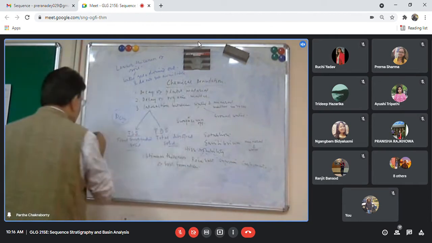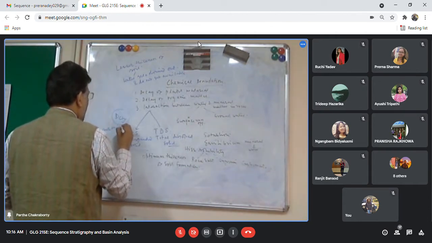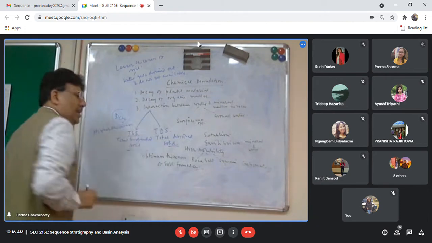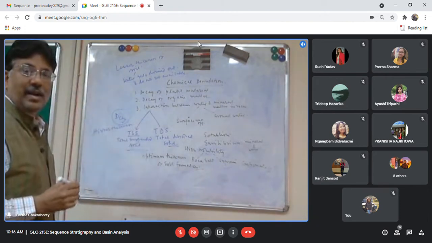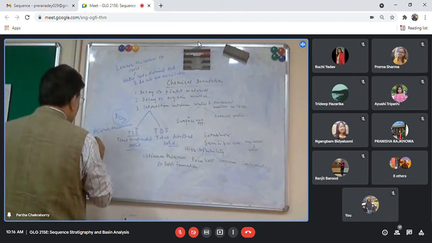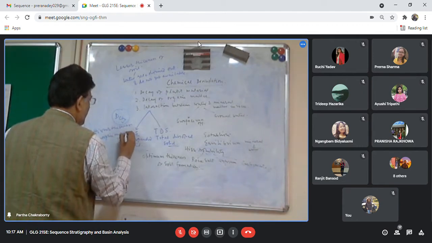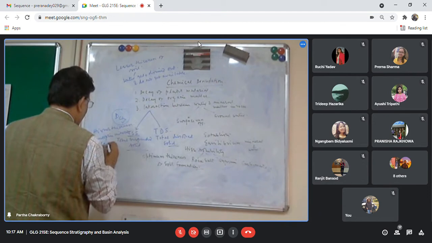If higher thickness, then you generate the neomorphic minerals which are clay.